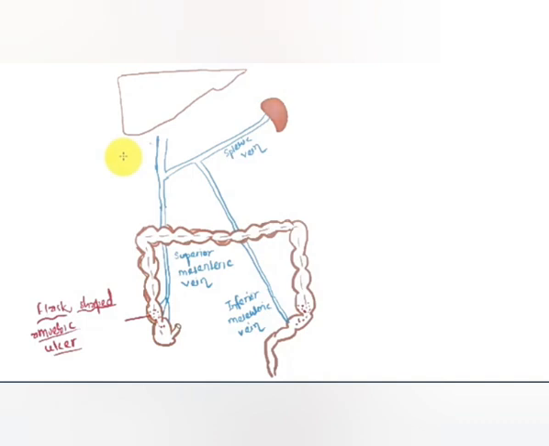The splenic vein and superior mesenteric vein combine together, forming the portal vein. The portal vein in turn divides into the right and left branch into the hilum of the liver.